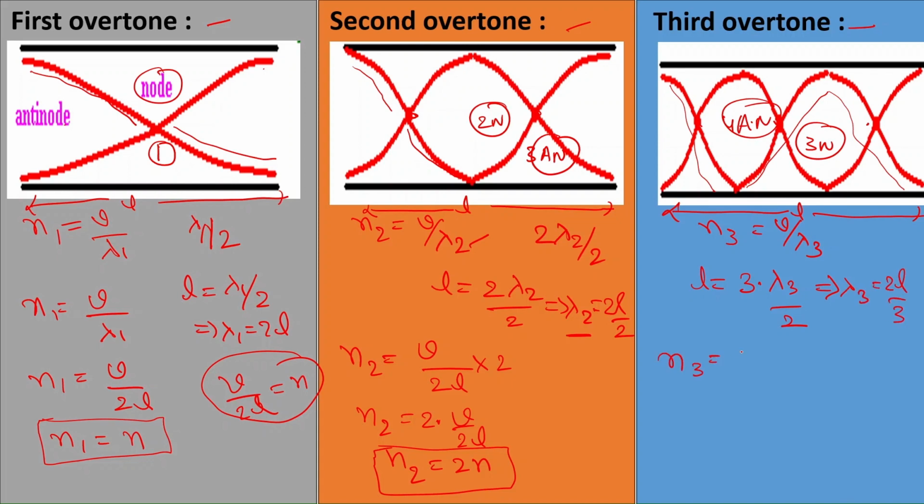Therefore n3 equals v by lambda 3, which is v by 2L by 3. Therefore n3 equals 3 into v by 2L, so n3 equals 3n. This is the third harmonic overtone. Based on all this, the ratio n1 is to n2 is to n3 equals 1 is to 2 is to 3.